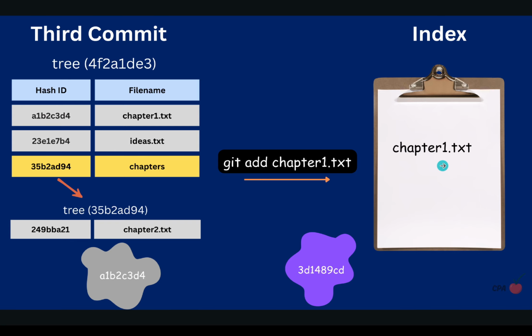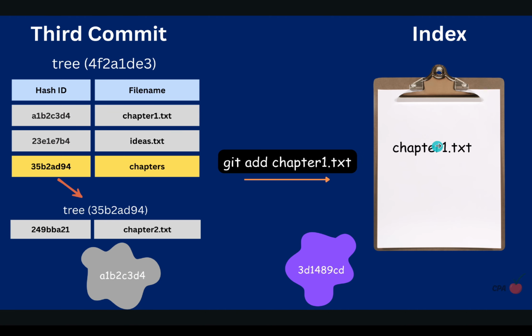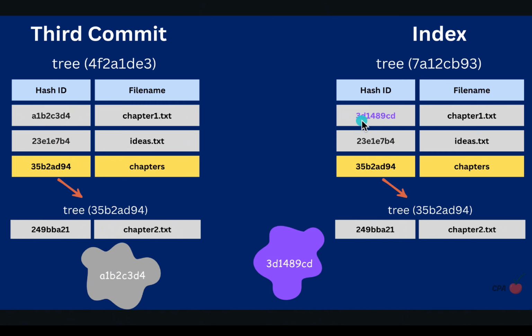But what does updating the index with this file name mean? Basically what happens is that Git starts from the previous commit tree, so this tree that we have, and it goes through the file names in this index, and it updates those entries. So in this case, we have only added one file, chapter 1, and Git updates the tree such that it creates a new tree.